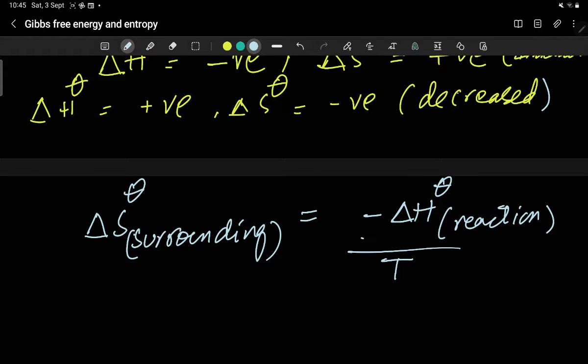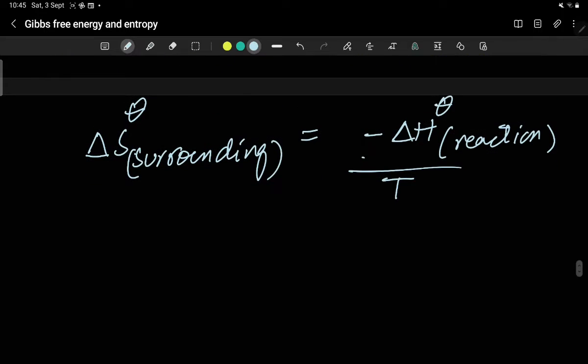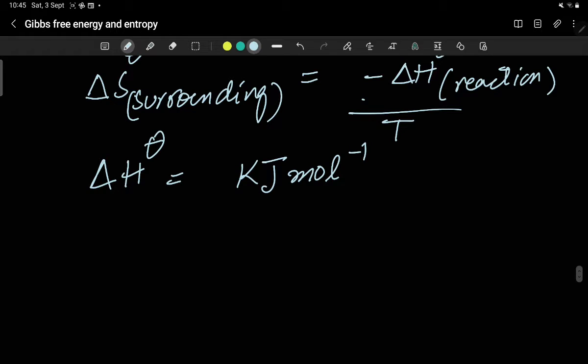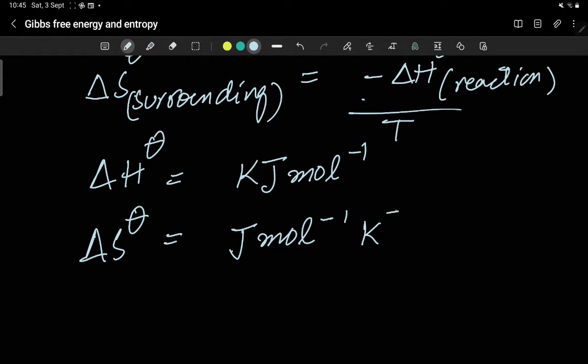This is delta S surrounding, and we know that the unit of enthalpy change of reaction is kilojoule per mole, while the unit of standard entropy change is joule per mole per Kelvin.